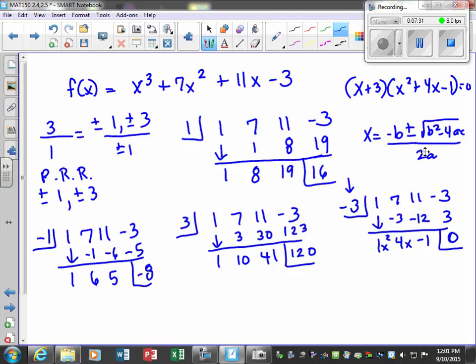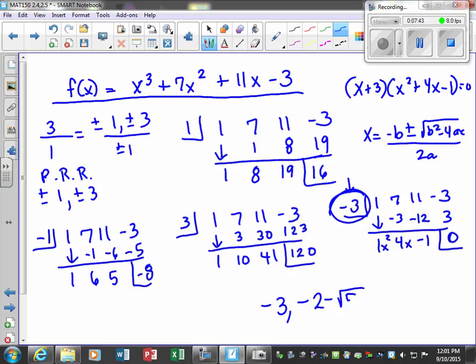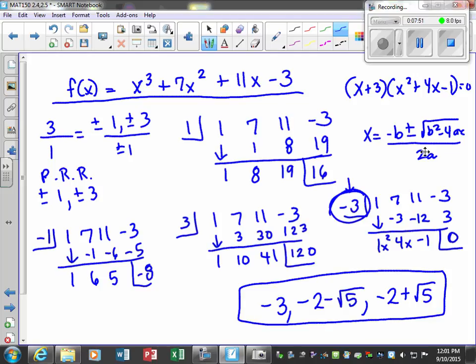I would just tell you that the zeros of this entire function are going to turn out to be negative 3, and we got that one right here. Then when you put it in the quadratic, you're going to get negative 2 minus the square root of 5 as one of them, and negative 2 plus the square root of 5 as the other one. So I just wanted you to see something that was a little bit different so that you can be familiar with it.